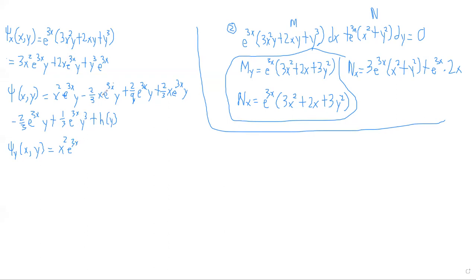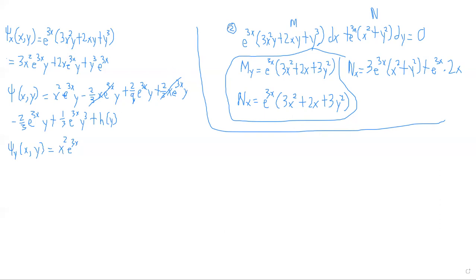Oh, I almost forgot. Let's simplify this. So this cancels out with that. 2/9 plus 1/3 is 2/9. Wait, hang on, give me a sec.